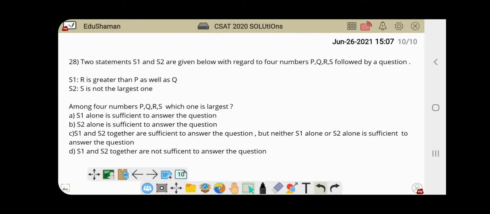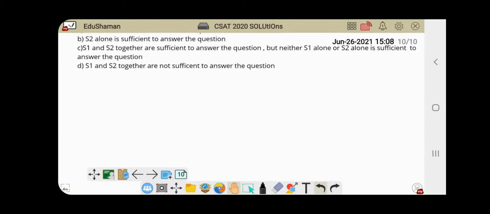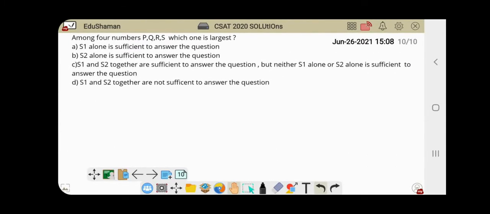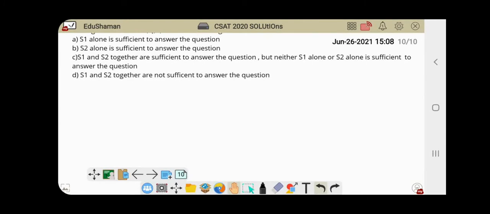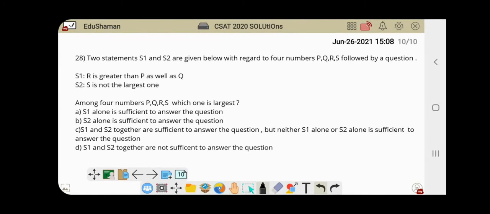Is that the case? That's what D says. S1 and S2 together are not sufficient to answer this question. So our target is to find out which is the largest one among P, Q, R and S. So the first statement tells us that R is greater than P as well as Q.